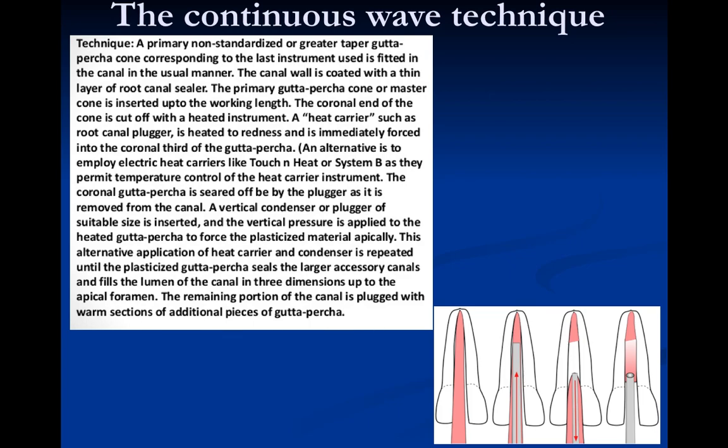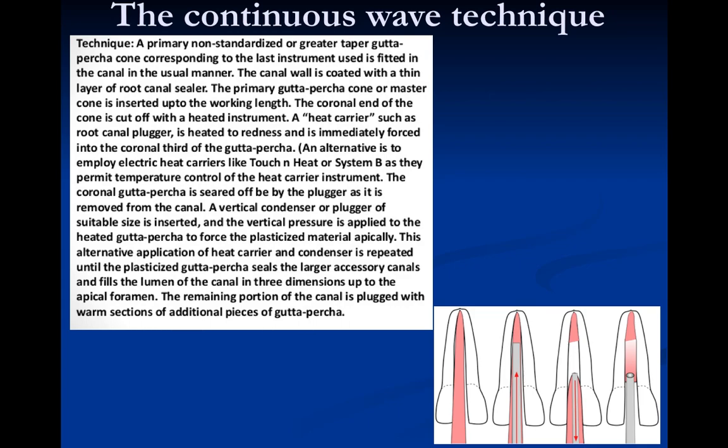A vertical condenser or plugger of suitable size is inserted and vertical pressure is applied to the heated guttapercha to force the plasticized material apically.